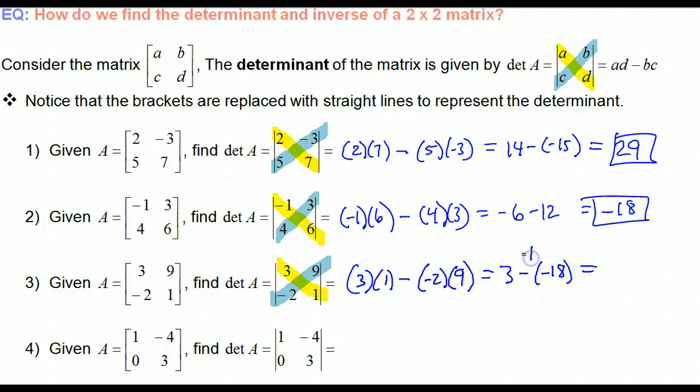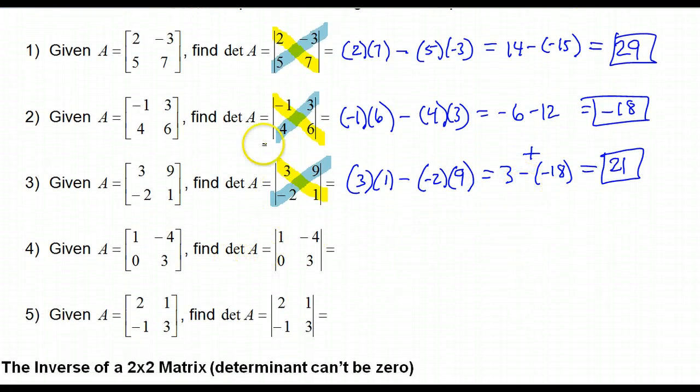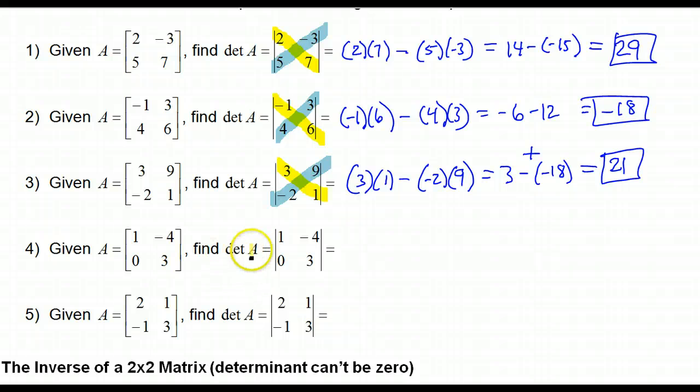Of course, that means 3 plus 18. So that's 21. Looking at number 4, let's just keep practicing a few more. Once again, finding the determinant is as simple as doing the down diagonal minus the up diagonal.